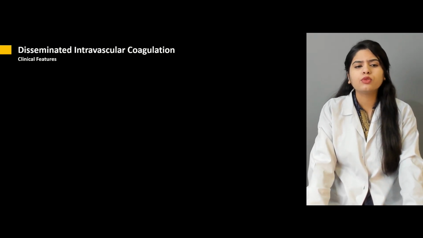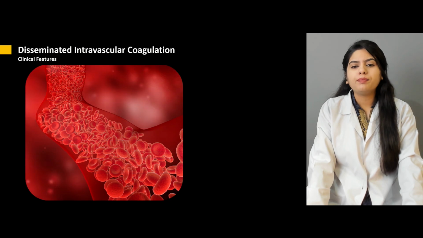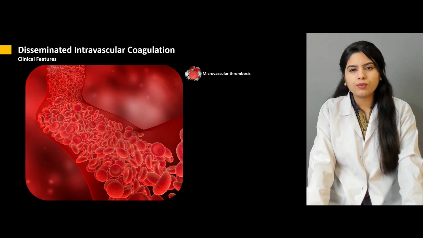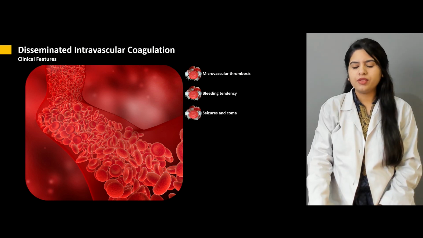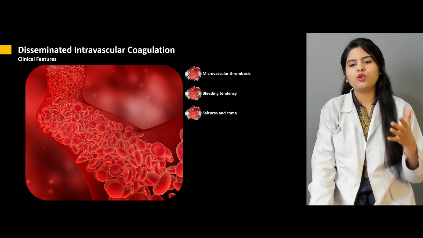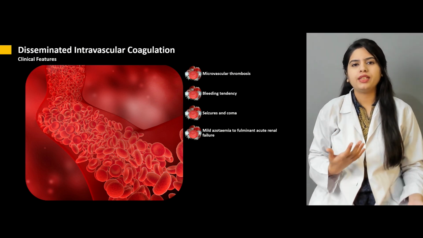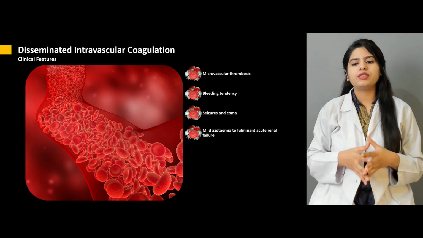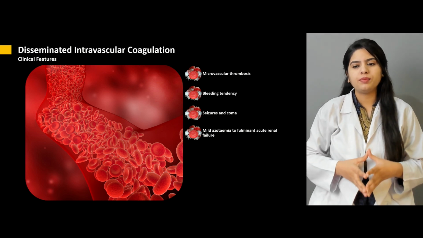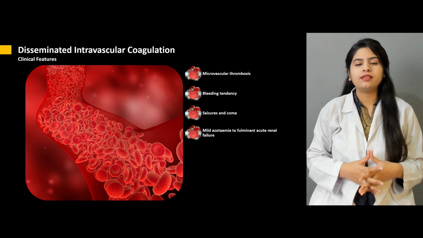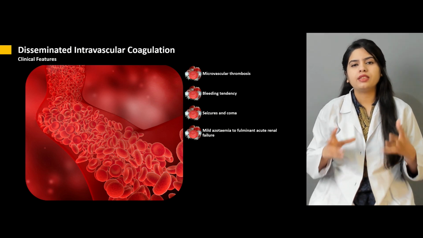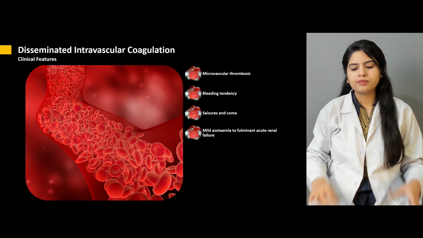Discussing those clinical features, the patient may suffer from microvascular thrombosis. The bleeding tendency of the patient will be increased. The patient may suffer from seizures and coma when the blood vessels involving the brain are affected. Similarly, the patient may suffer from mild azotemia to fulminant acute renal failure when thrombi are present in the blood vessels of the kidney.